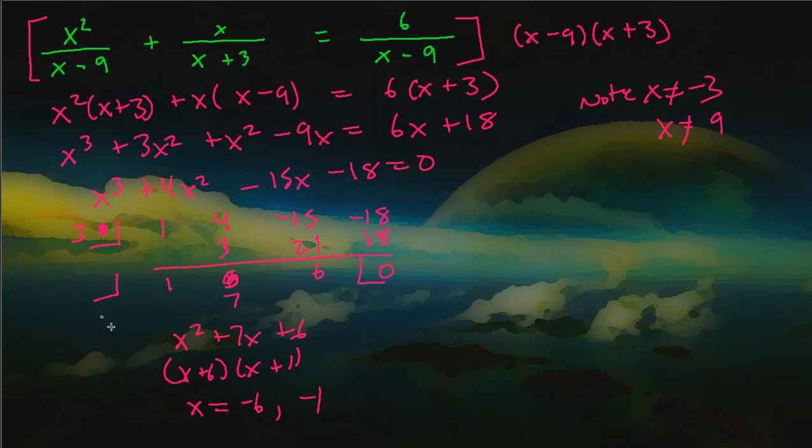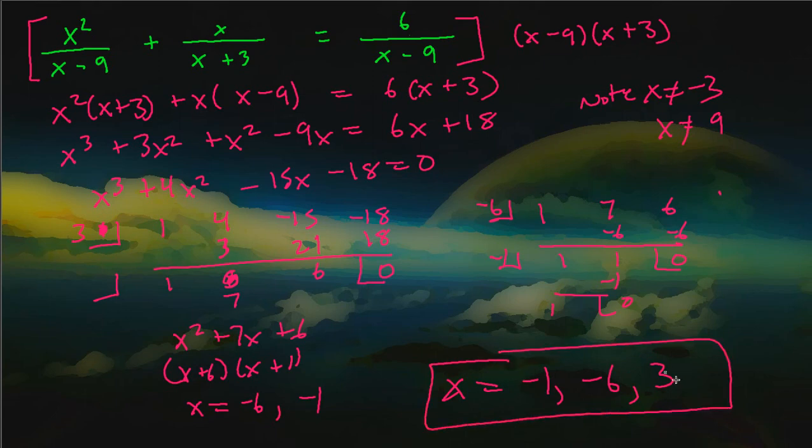I could also continue my synthetic division and use -6. And then I could do the -1. In any event, though, I get x equals -1, -6, and 3. Now, if this 3 had been -3, I'd have to reject that.